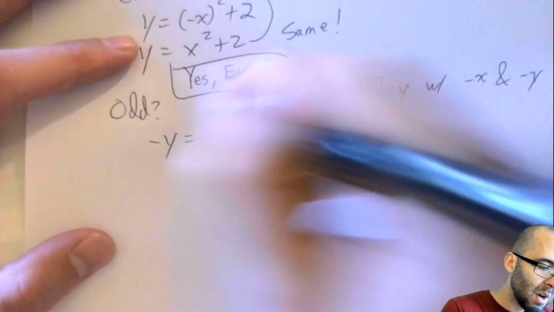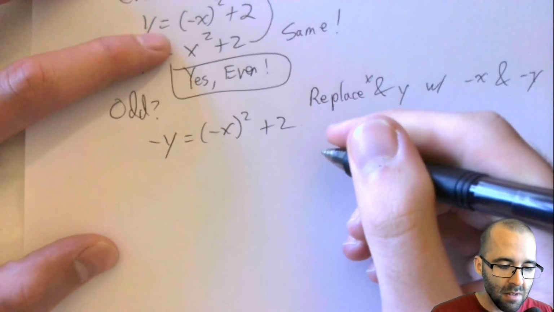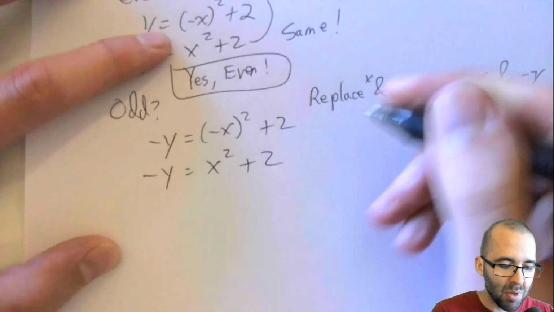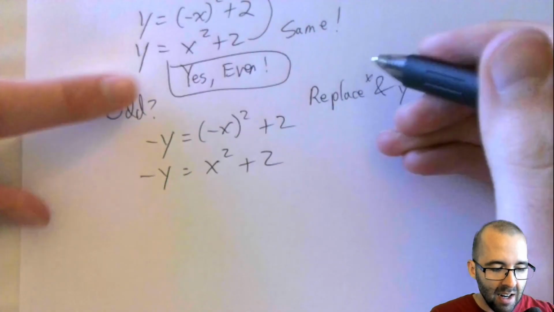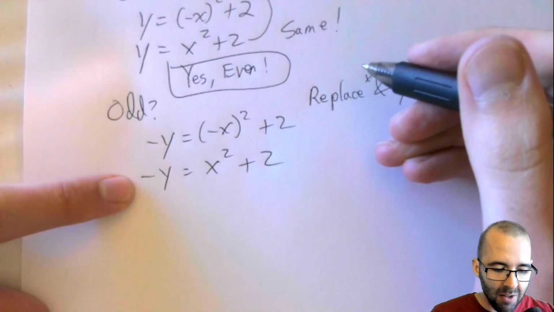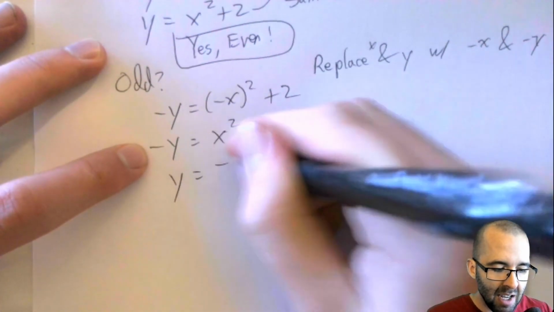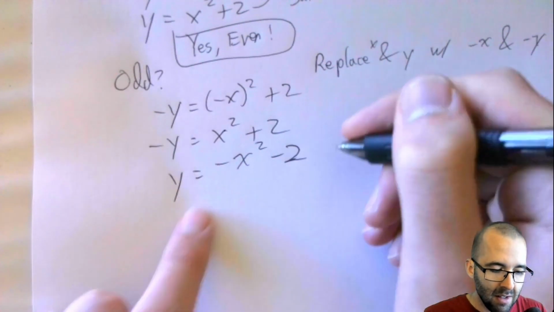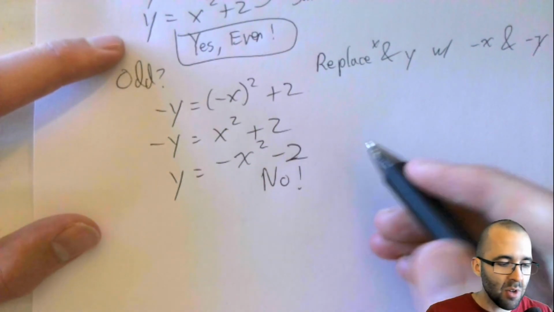Is negative y equal to negative x squared plus 2? That still squares away, x squared plus 2. Oh, this is not the same. Y cannot be x squared plus 2 and negative y equal x squared plus 2. These are different functions. We could multiply both sides by a negative, but it's a very different function. So it's not odd. Our final answer is this is only even.